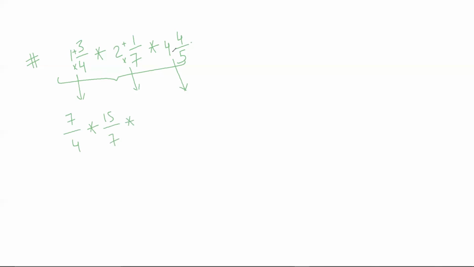Into 5 fours are 20, 20 plus 4, 24 upon 5. Mr. Sarthak, is it okay? Yes, sir. Now I can write this as 7 into 15 into 24 whole upon 4 into 7 into 5. Is it okay?